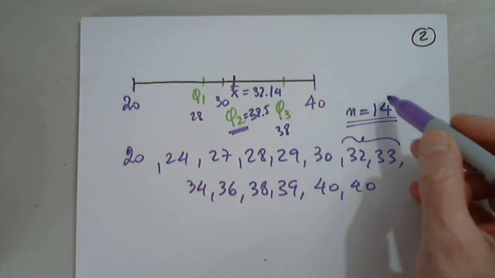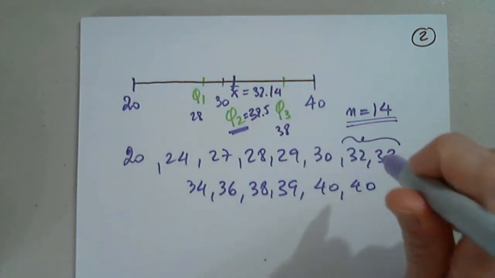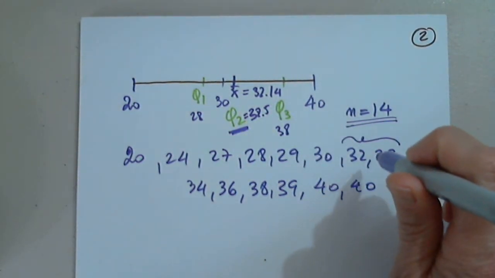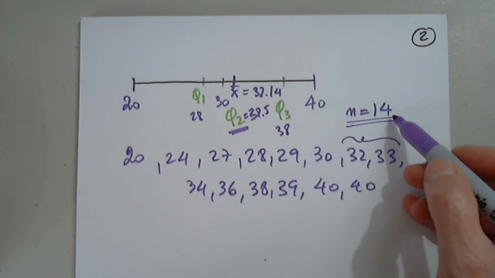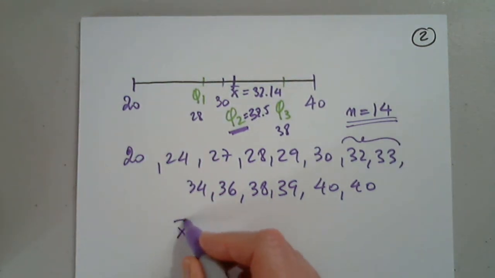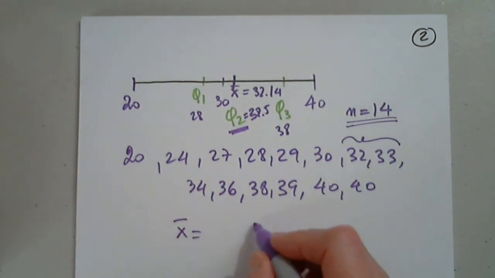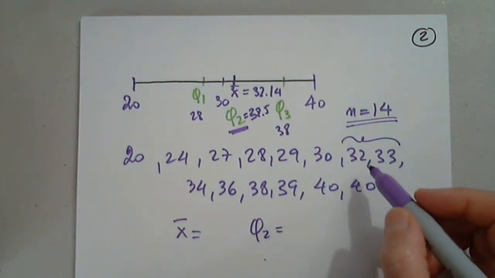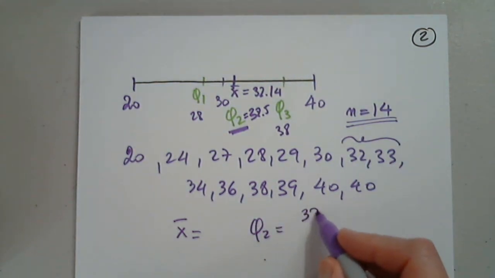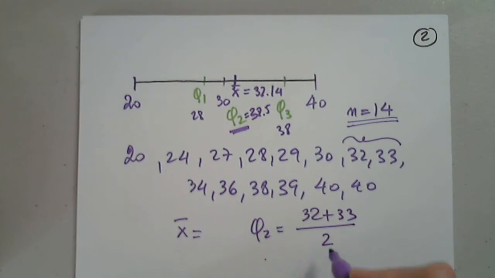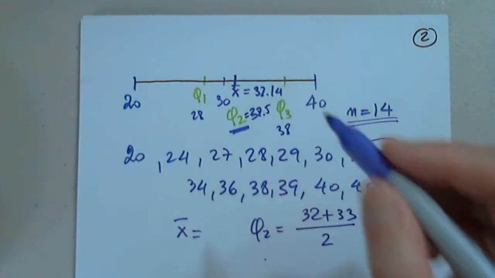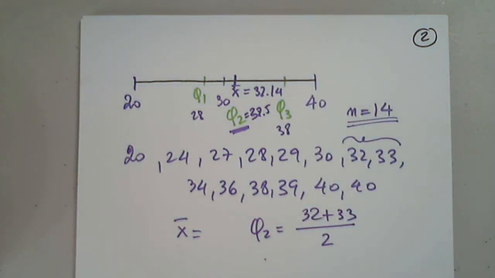If I had an odd number, then the median would have been one of the existing observations, but I have an even number of observations. So Q2 will definitely be 32 plus 33 divided by 2. And that's how we get Q2, the 32.5.